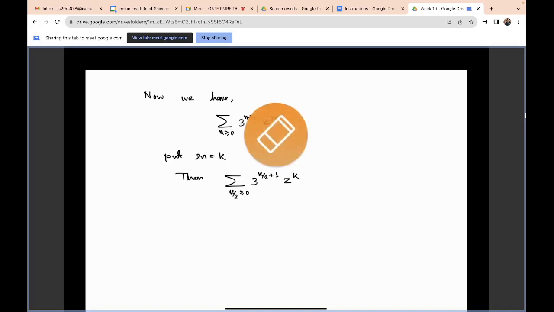And note that here k is even, because 2n equals k means k should be even. Let me again write it in terms of n, because k is a dummy variable, you can write anything. So this is the sum over n bigger than 0, n should be even, of 3 to the power n by 2 plus 1, z to the power n.